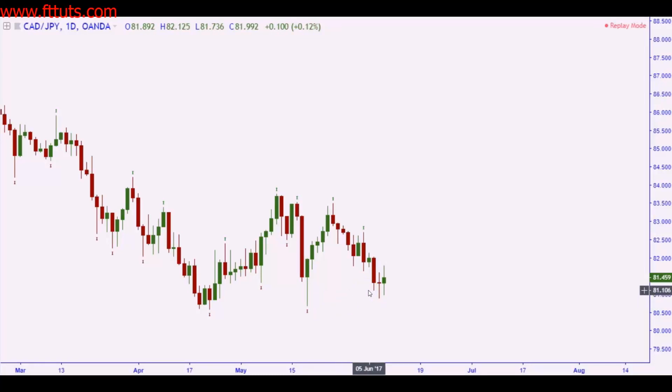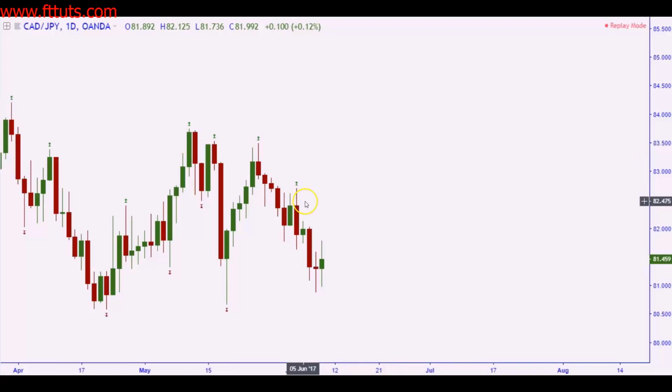Then the second thing is there are 2 fractals here. This is a shared fractal, almost. Actually, this is an inside fractal, and I call it that because it's inside the trend. It was one of the biggest candles here, and it made a big fractal at this level. It's not really a fractal level that you want to see, the start and end of something, because nothing started or ended right there.